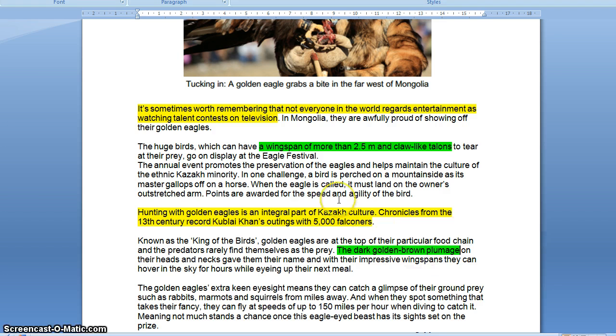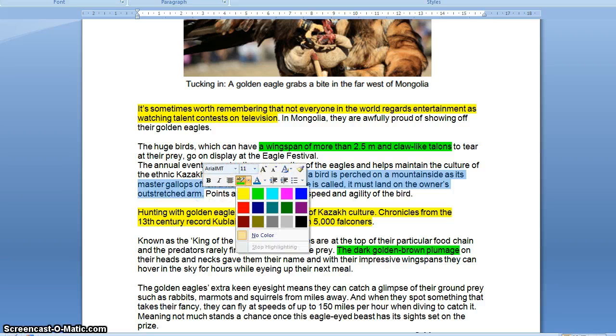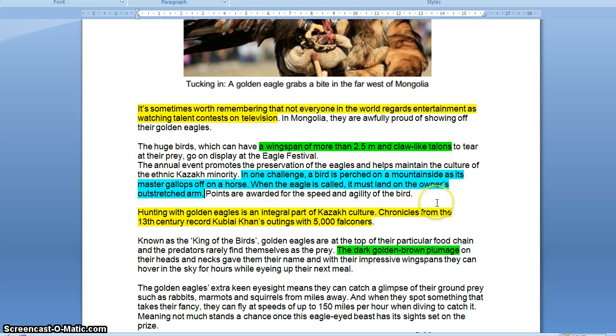And we saw that the photograph was chosen because of its dramatic action, and again that action, that drama is explained in the text there in more detail. The eagle is left on the mountainside. The horseman has to call the eagle that then flies and lands on the owner's outstretched arm.